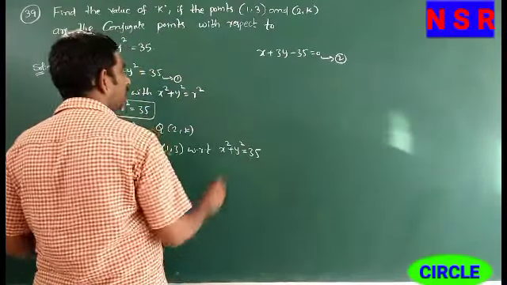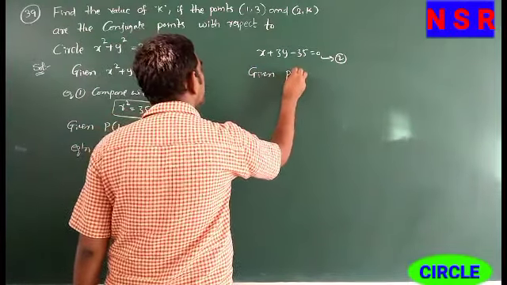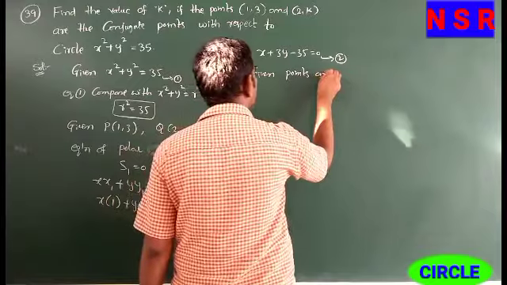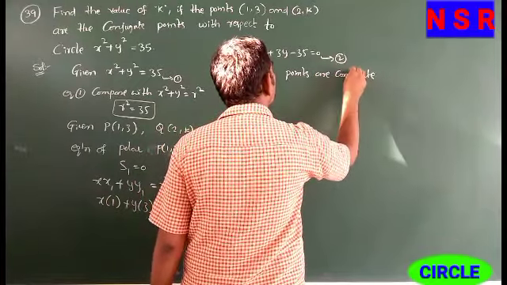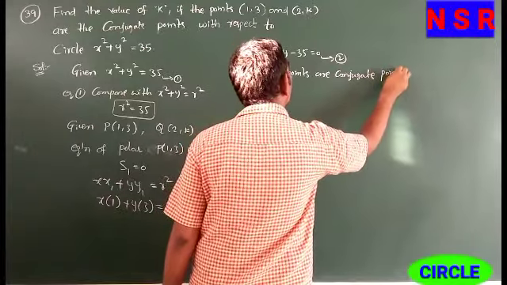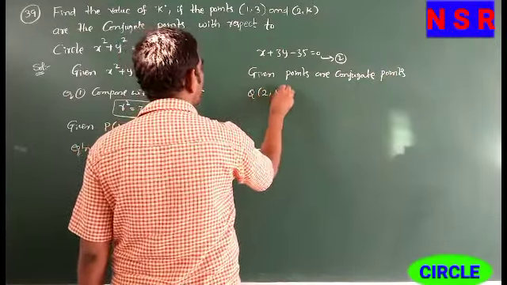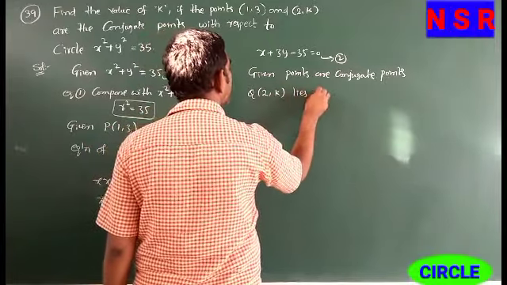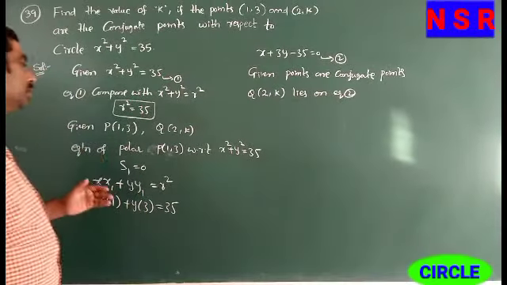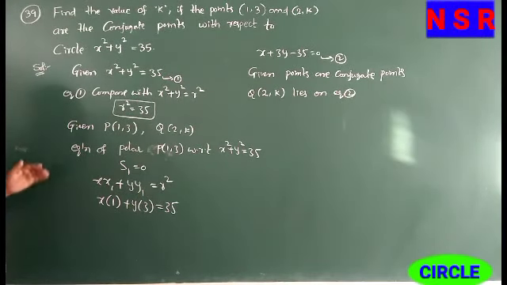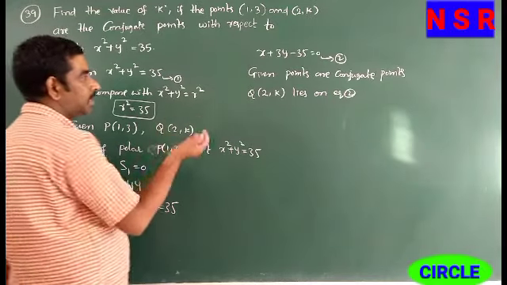So here the given points are conjugate points. Then Q(2, k) lies on equation 2. What is a conjugate point? If Q lies on the polar of P, then they are called conjugate points. Now Q lies on equation 2.